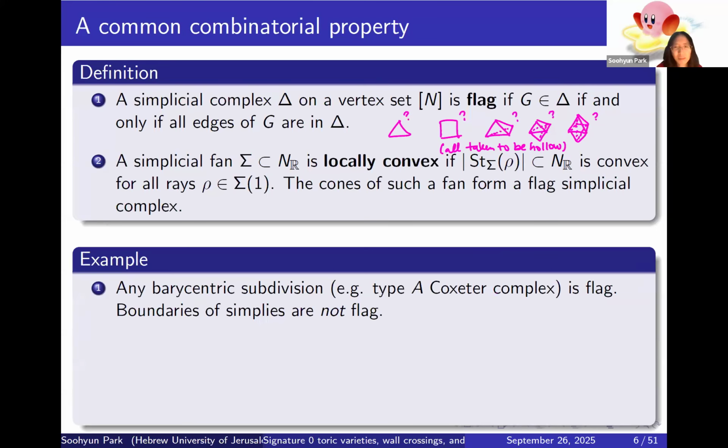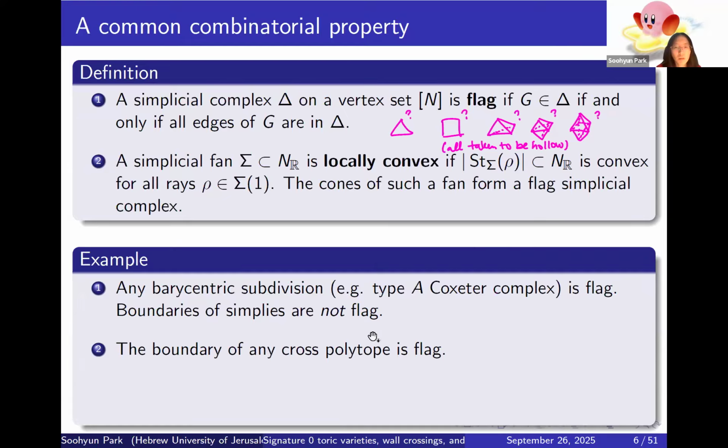Okay, so just to go on with examples, generalizing the thing that gives you the descents, any barycentric subdivision is actually flag, and in particular boundaries of simplices are not flag. And the boundary of any cross polytope is flag. So like repeated suspensions and taking the boundary part, not including the inside.